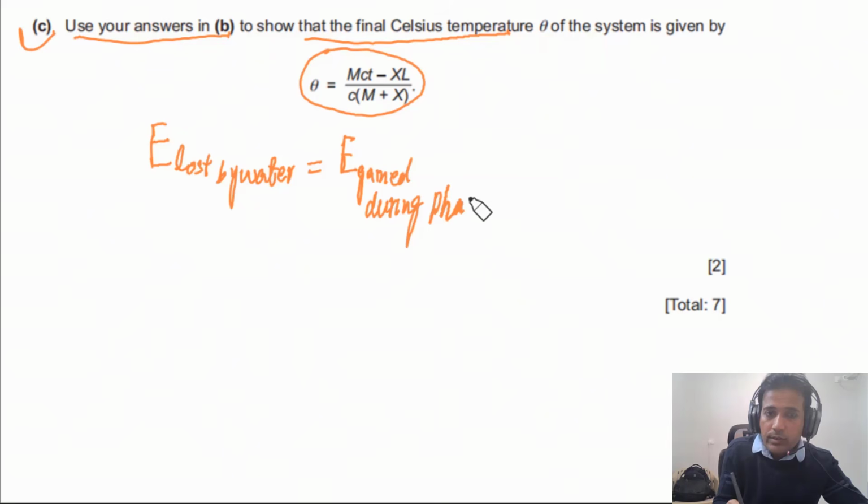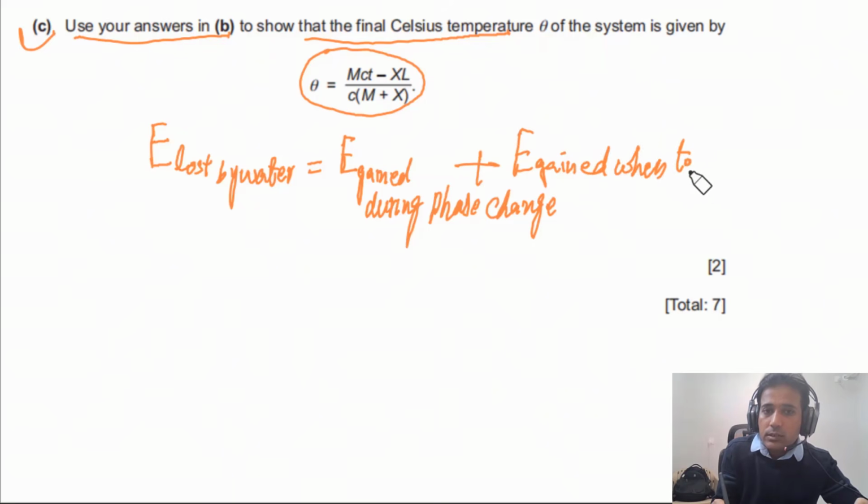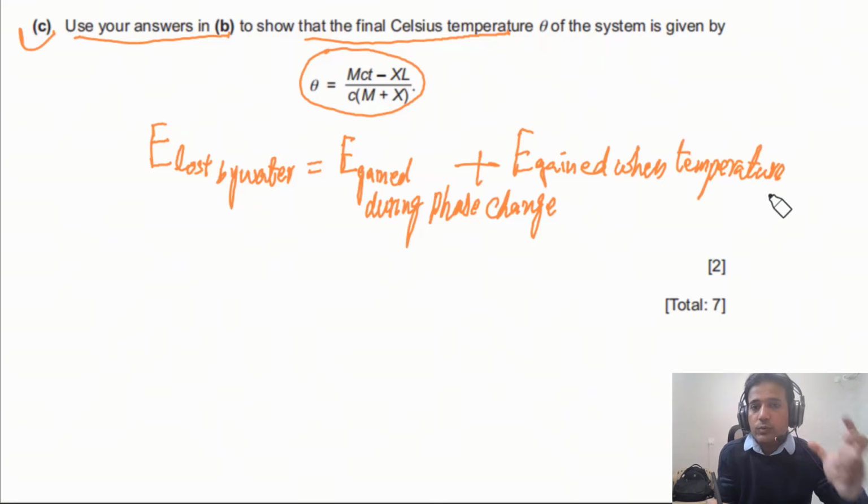So this is one thing you can write down in a systematic way, when temperature rises from 0 to theta.